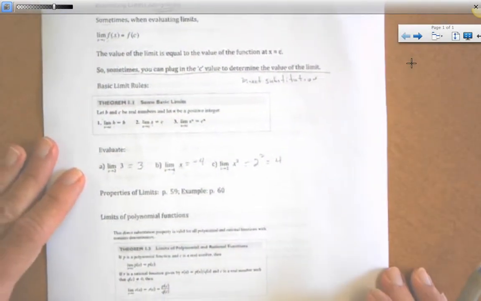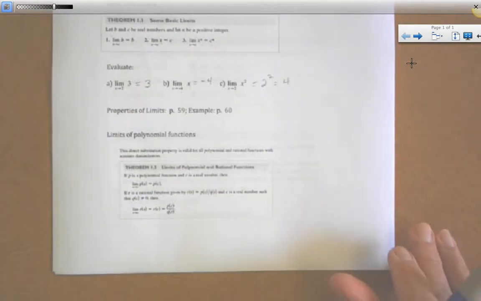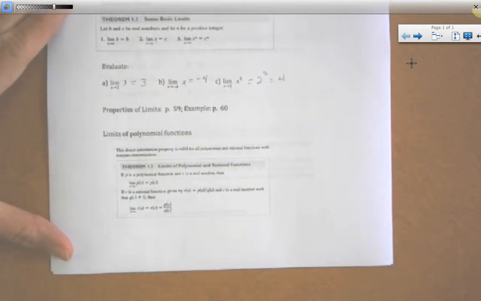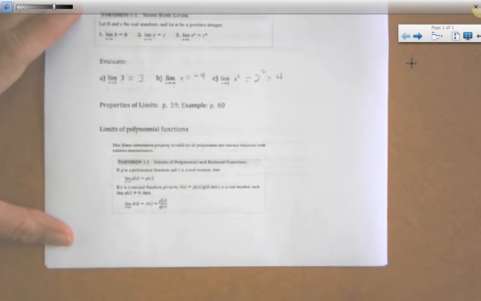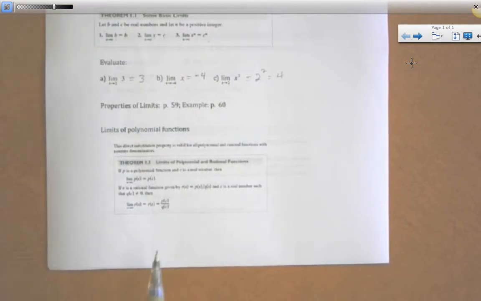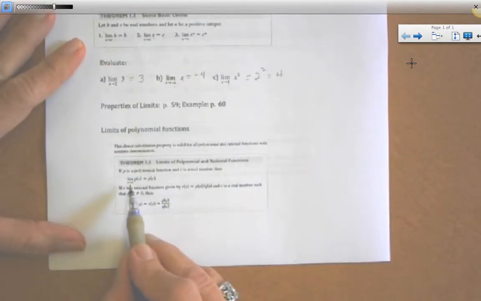Now then, polynomial functions are basically what you're going to be evaluating the limits of. They're the ones that occur most often that we're going to be studying. Again, we're looking at what happens at one location on a graph. That's why the graphs and the numerical work are so important, and we talk about the graph at the same time. So this is talking about a polynomial function.